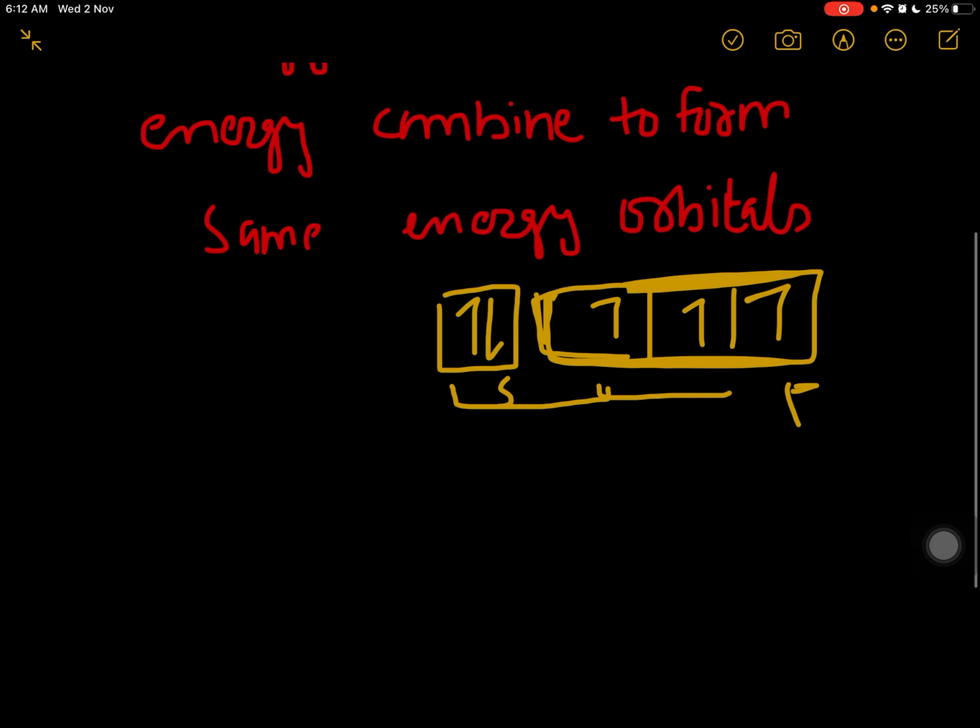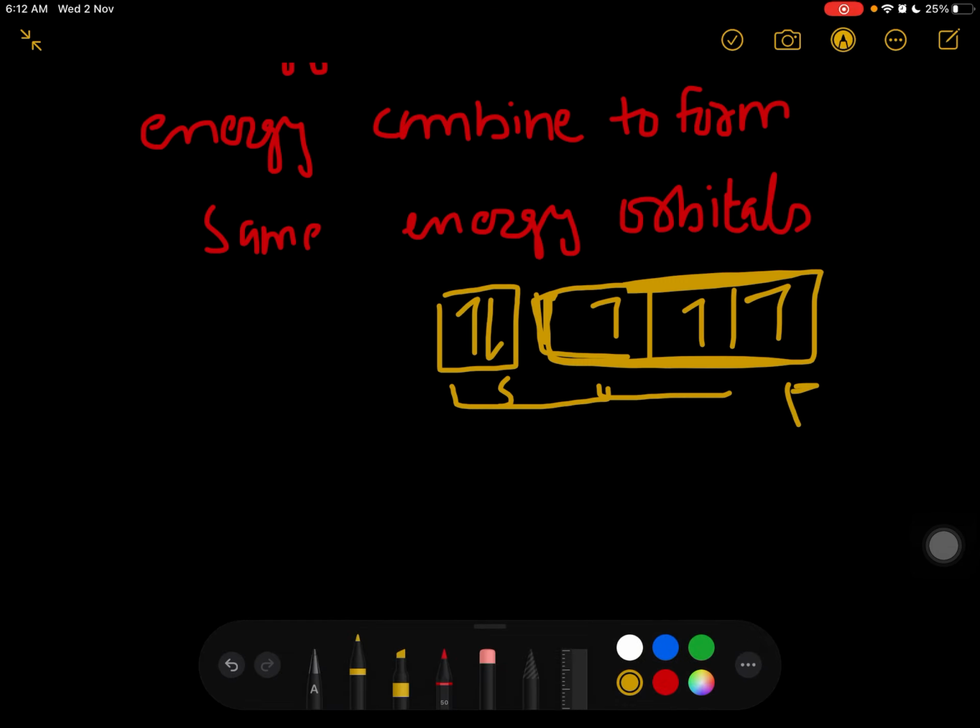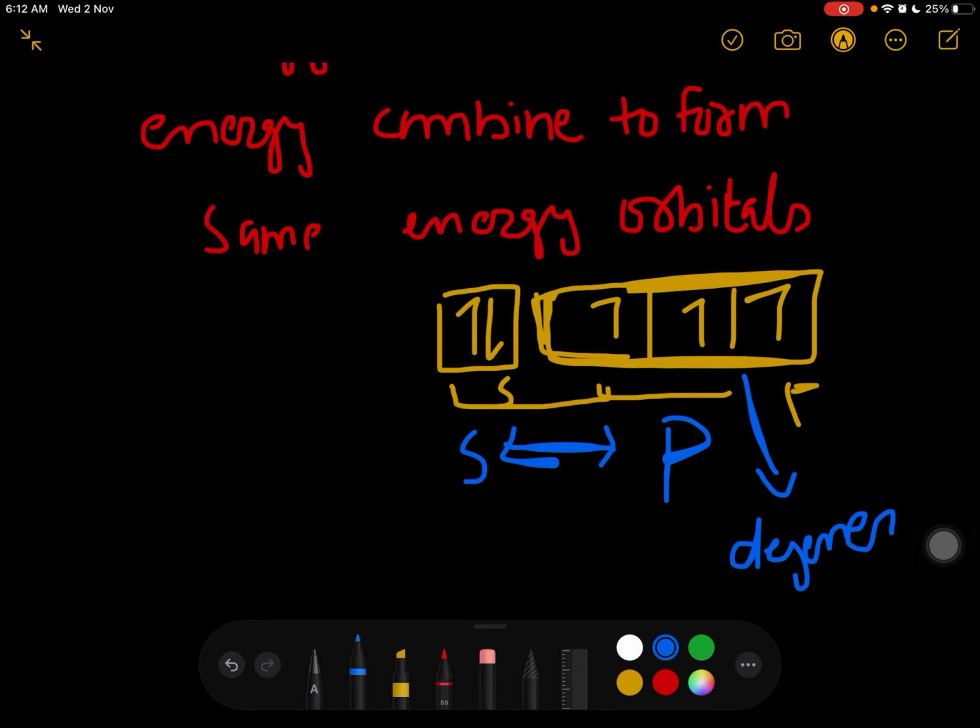The orbitals of same energy, like you can see, S and P do not have the same energy, but the P orbitals are degenerate orbitals. The P1 has the same energy as the other P orbitals but not as S, though they have nearly the same energy.